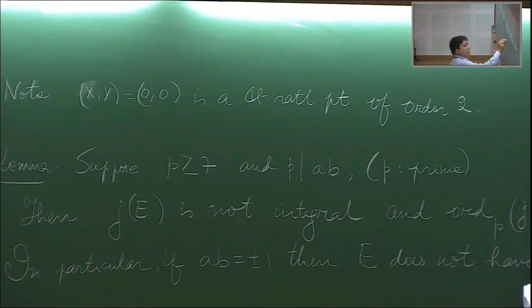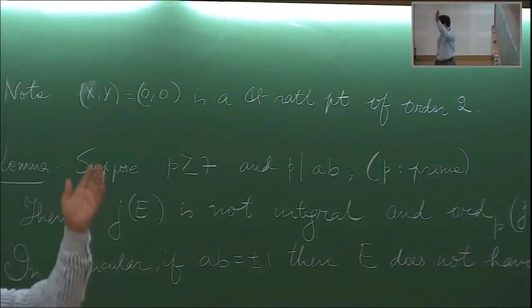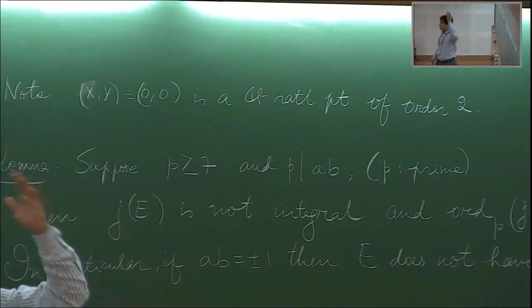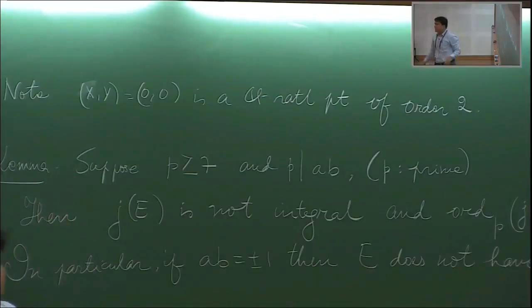Once you have an elliptic curve which has multiplicative reduction, it is never going to attain good reduction even if you do any base change. So E does not have potential good reduction at p, for any p that divides ab just once.